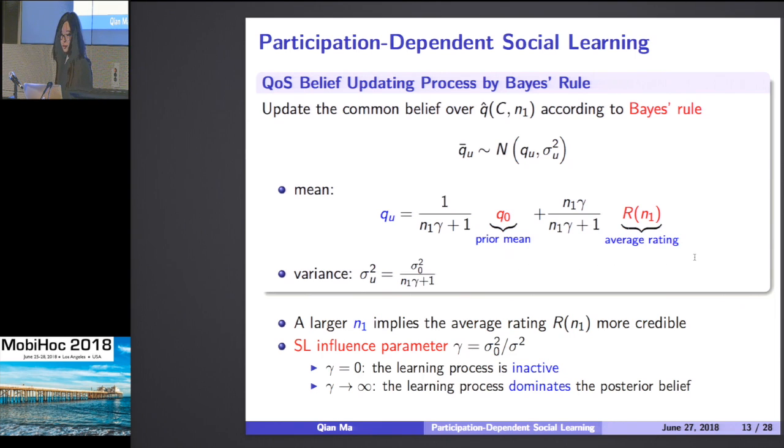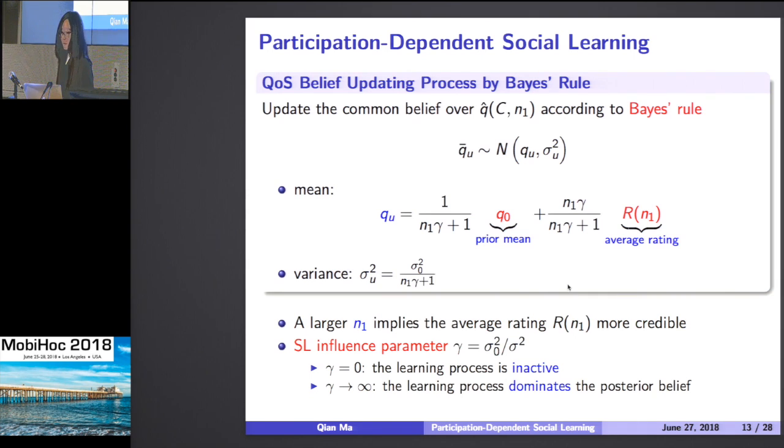For Q_0 and the users' rating R_N1, we have two coefficients respectively. In these coefficients, we can see that there are two important parameters. The first one is N1, the number of first period subscribers. A larger N1 implies a larger coefficient for the average rating, and hence it implies that the average rating is more credible.